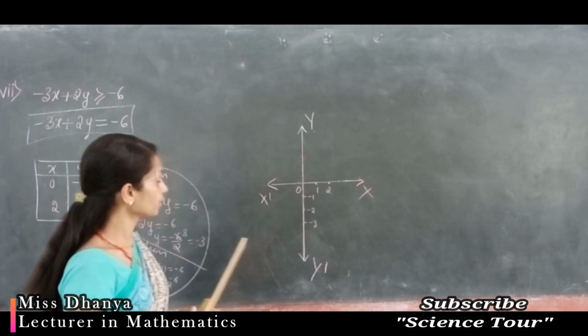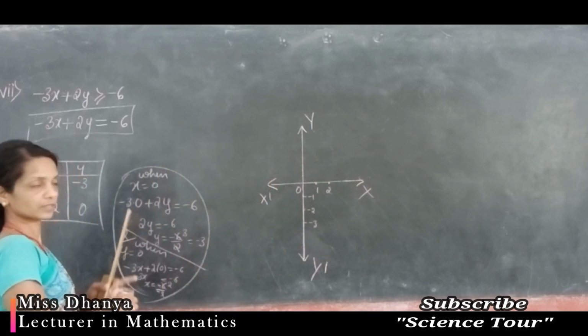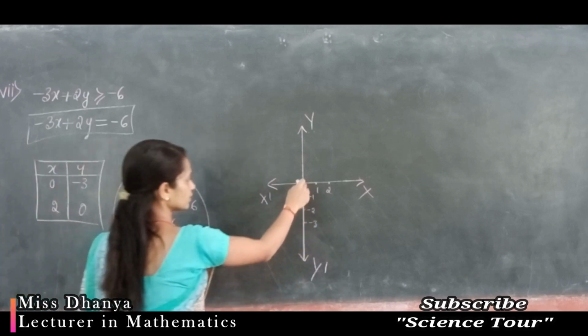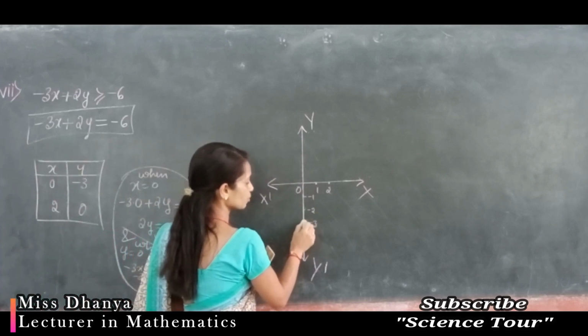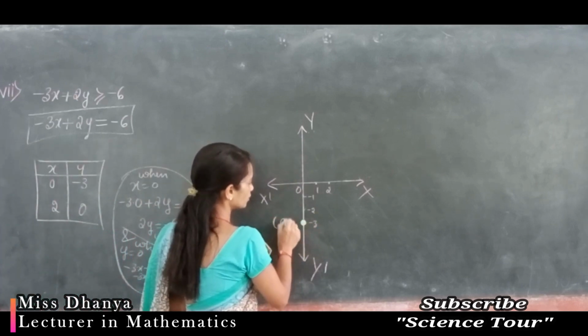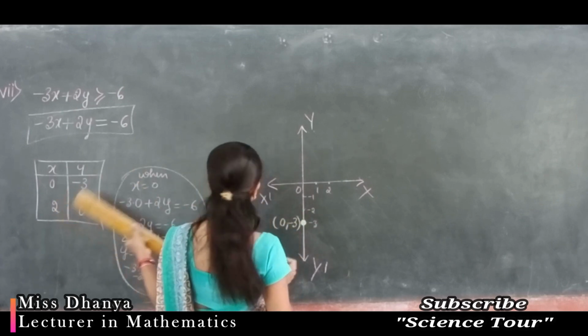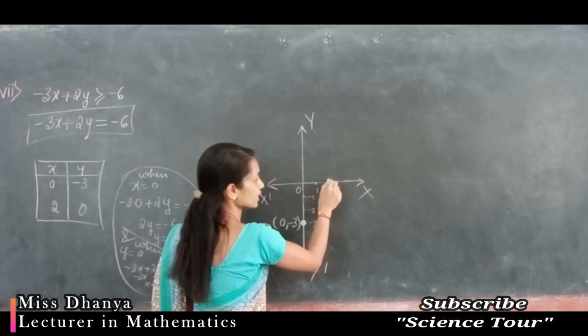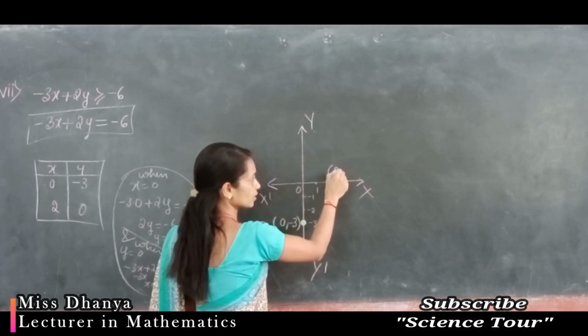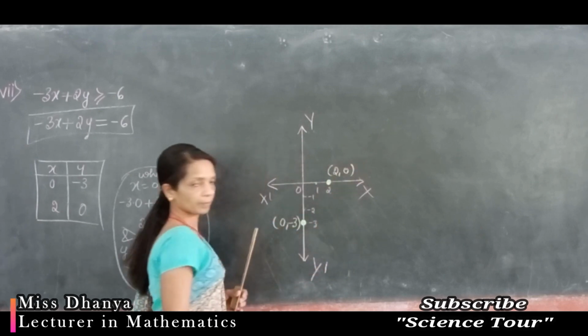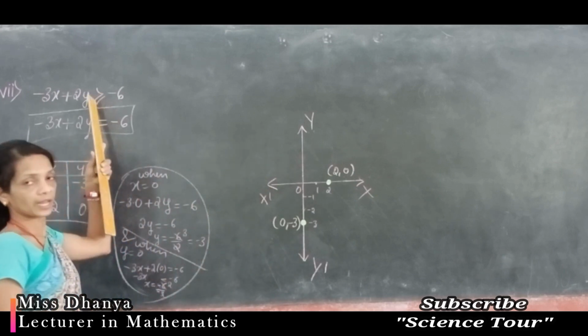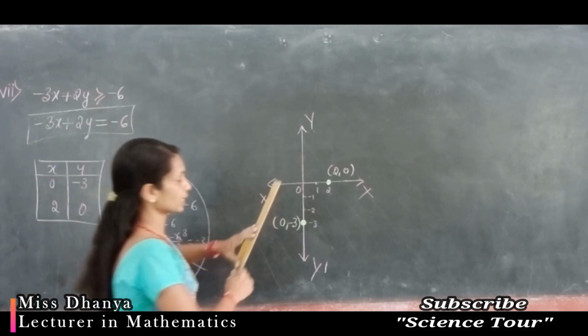Highlight these points: 0, minus 3. At 0 you have to move down till you reach minus 3. This is the point 0, minus 3 highlighted. The next point is 2, 0, that is on the x-axis. Here it is. This point is 2, 0. And since you have a slack inequality, you can use a continuous line.